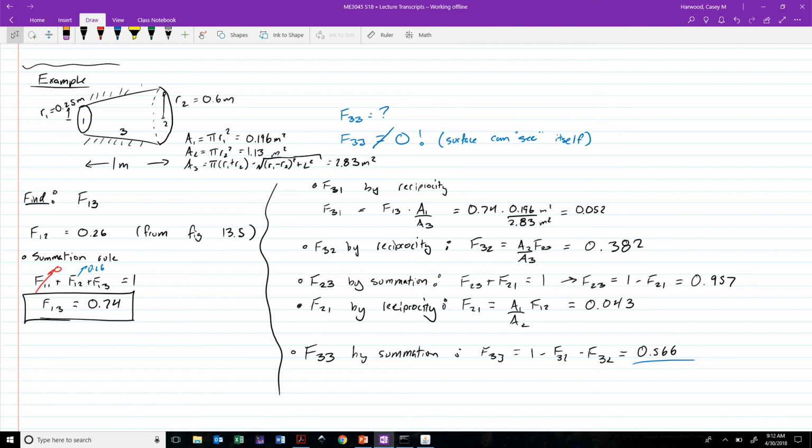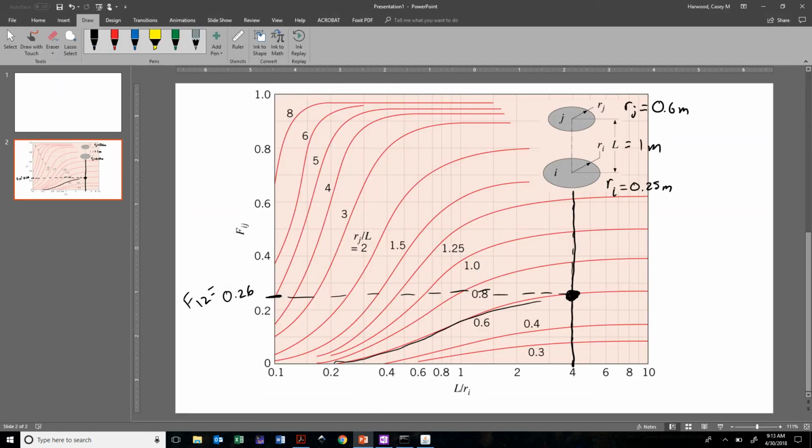The other way you could do it is, like I said, you could just do it a second way. So in this case, if we flipped I and J, and we said that R sub J was 0.25 and R sub I was 0.6, then we'd be basically looking up 1 meter over 0.6, which would be around 1.6-ish, which would land us right around here, right?